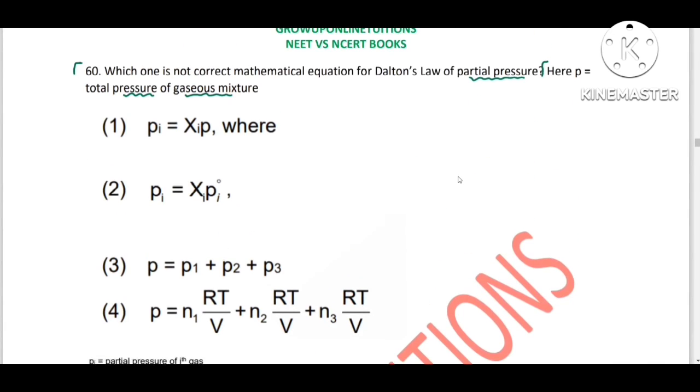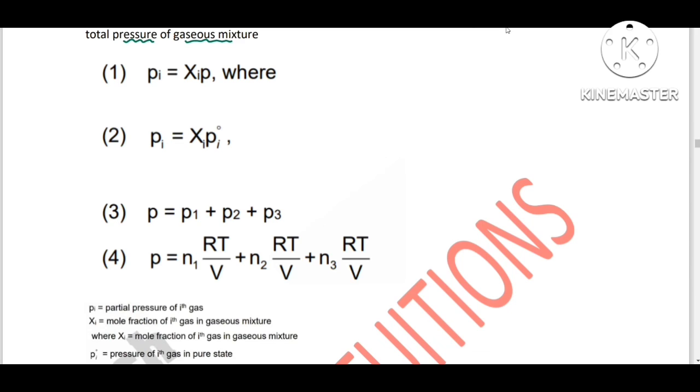Okay, now let us see the given options. From Dalton's law of partial pressure, we conclude that total pressure is equal to P naught into X. Here X represents the mole fraction, P represents the partial pressures, and Pt represents the total pressure.